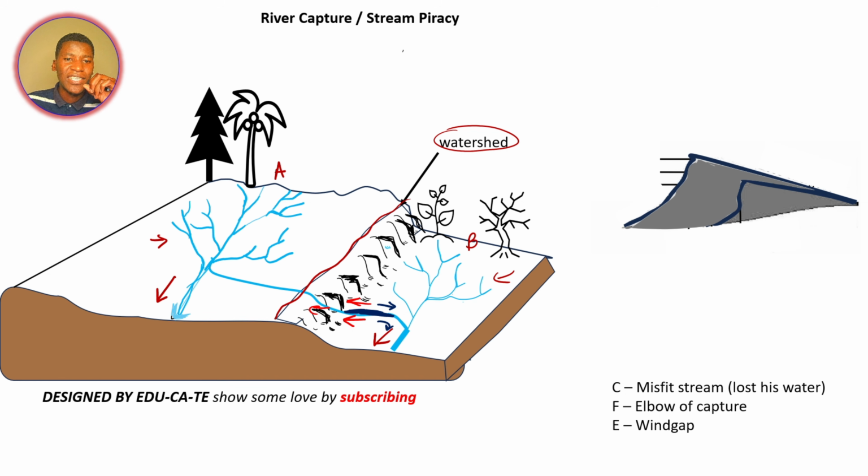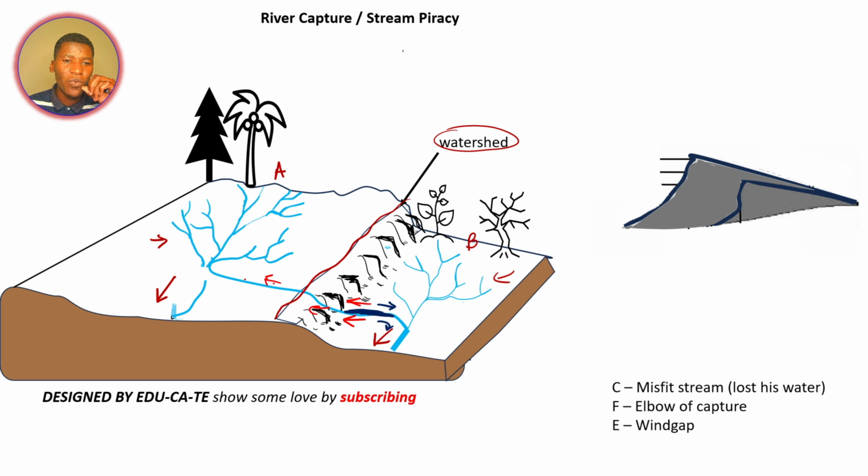And there it is. It steals the waters of river A, such that river A will be just left as a smaller stream. So note what has happened here. This stream here from river B eroded headwards through the watershed, and then it was able to keep eroding.